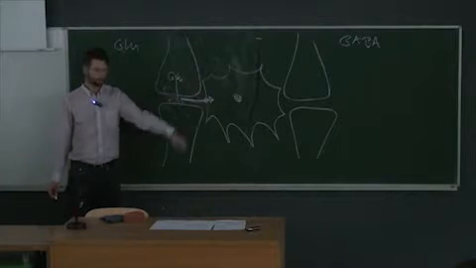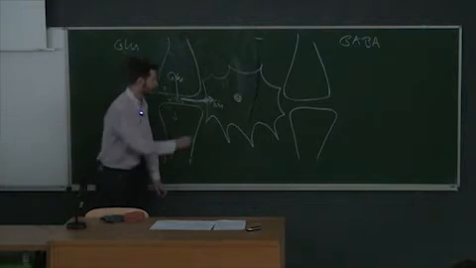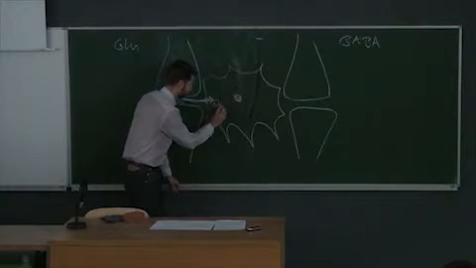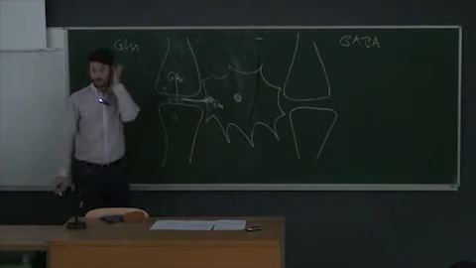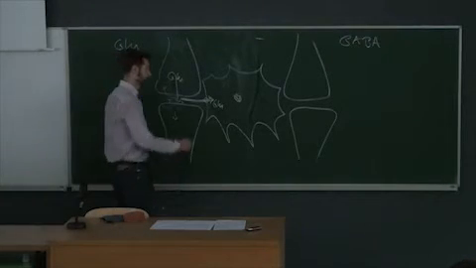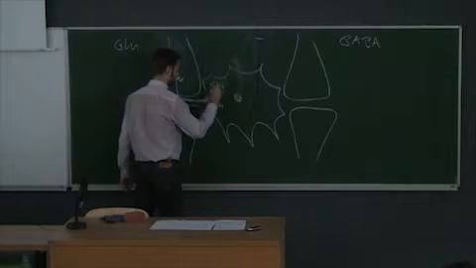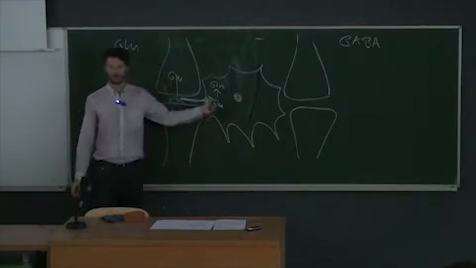Now what happens with glutamate in the astrocyte? There, it's turned into another amino acid, which is glutamine. Glutamate into glutamine.